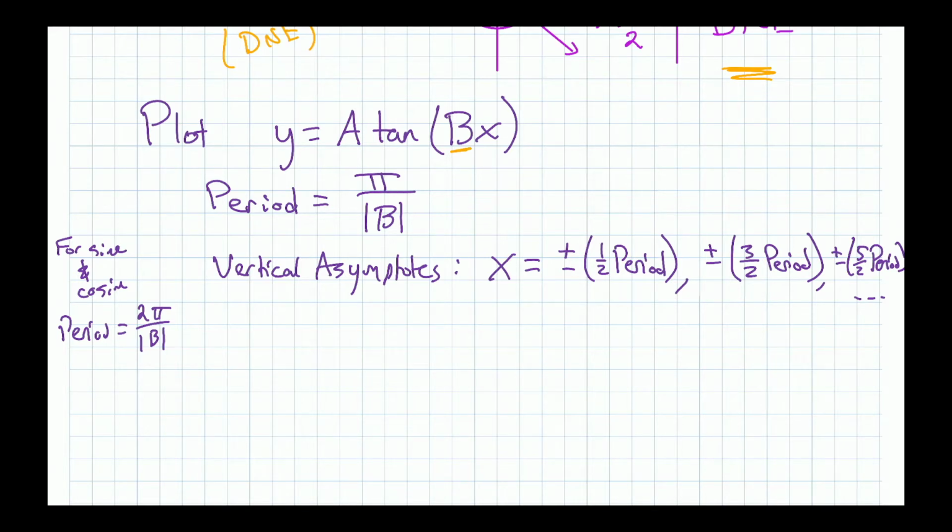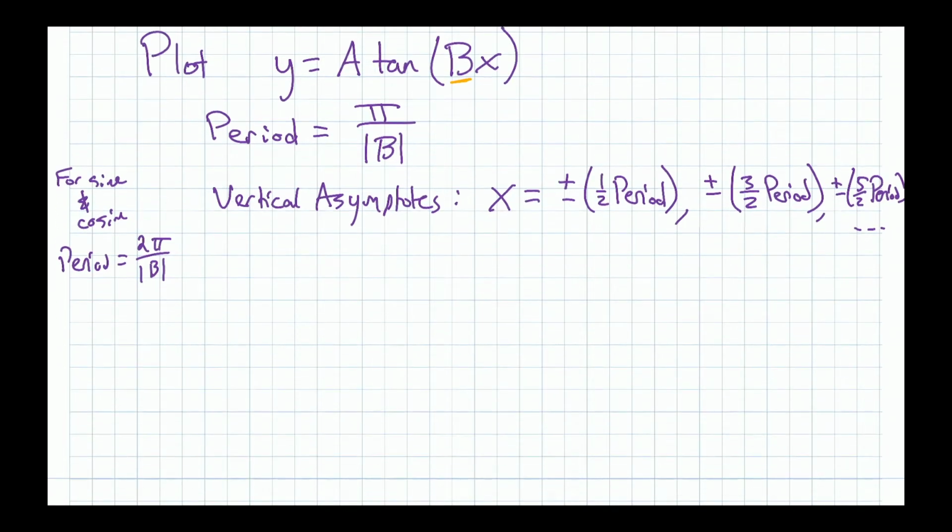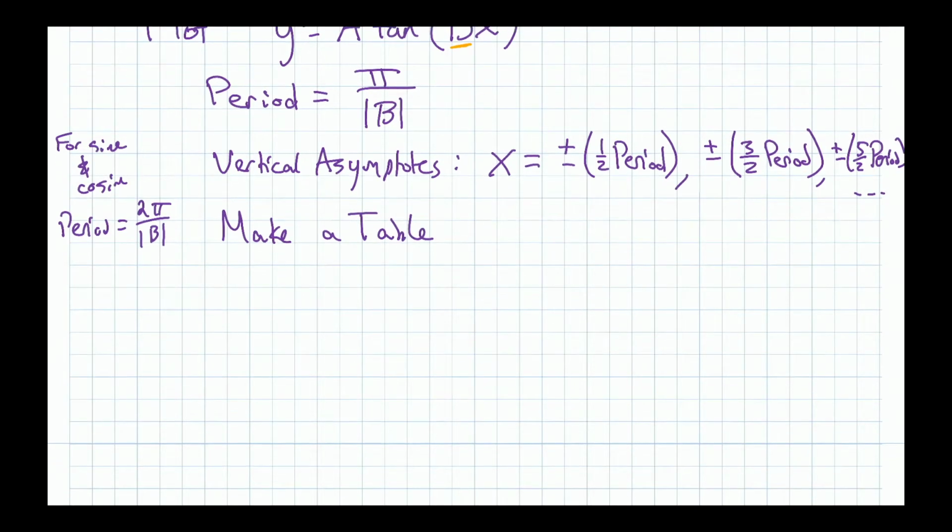Okay? Then I'm going to recommend that you do this the way that we did the graphs in the previous lecture as opposed to 2 lectures ago. So what I'm going to say is that you should do this. We should make a table now. So in your table, here's what you're going to need. You have your x values and your y, which is a tangent bx.